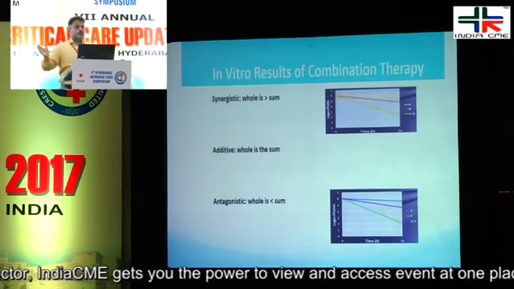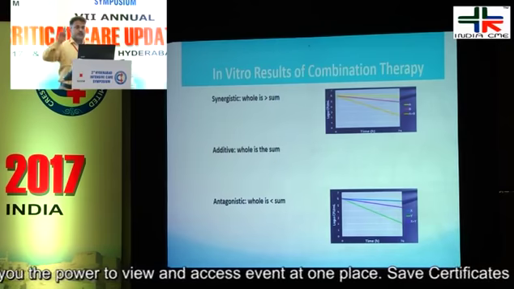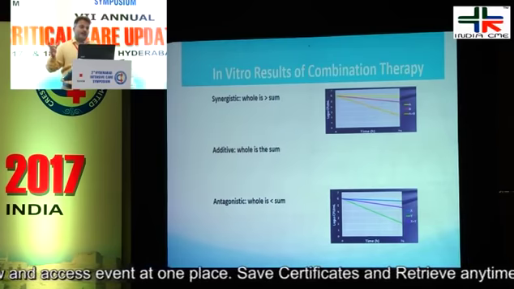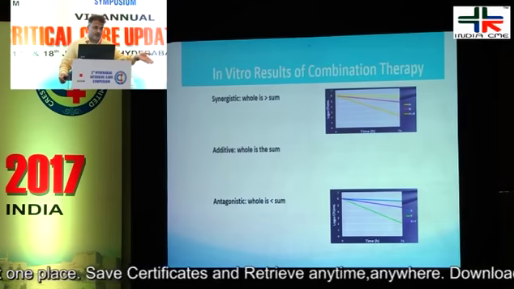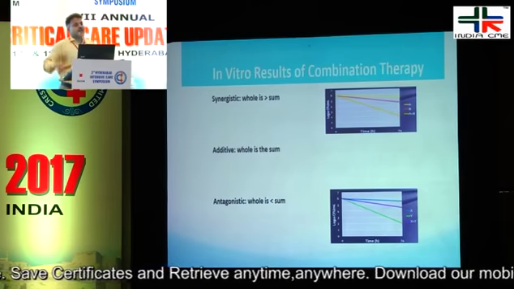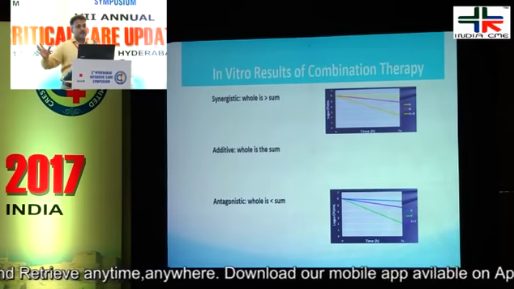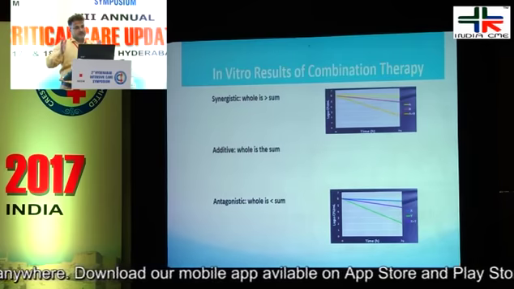What do I mean by combination therapy? When I combine two drugs, it can be synergistic. That means combining two antibiotics, the effect will be more than their individual effects. That means 1 plus 1 is 3 or 11, not 2. While when we say additive, it means 1 plus 1 is 2. That means if you combine both drugs, the sum of the individual effects will be equal to the combination.